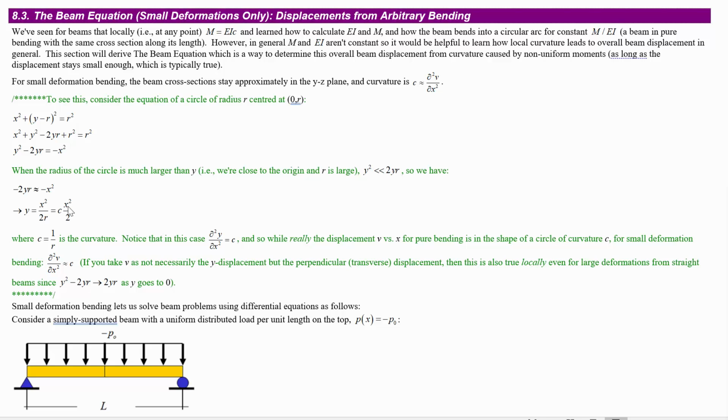Take one derivative, and you're going to have c times 2x over 2, which is c times x. Take another derivative, and you've got c. So the second derivative of this parabola is just c, and that's why, at least locally, this second derivative of y position per step in x is called the curvature. It ends up telling you what the arc of the circle that this function is bending in is.